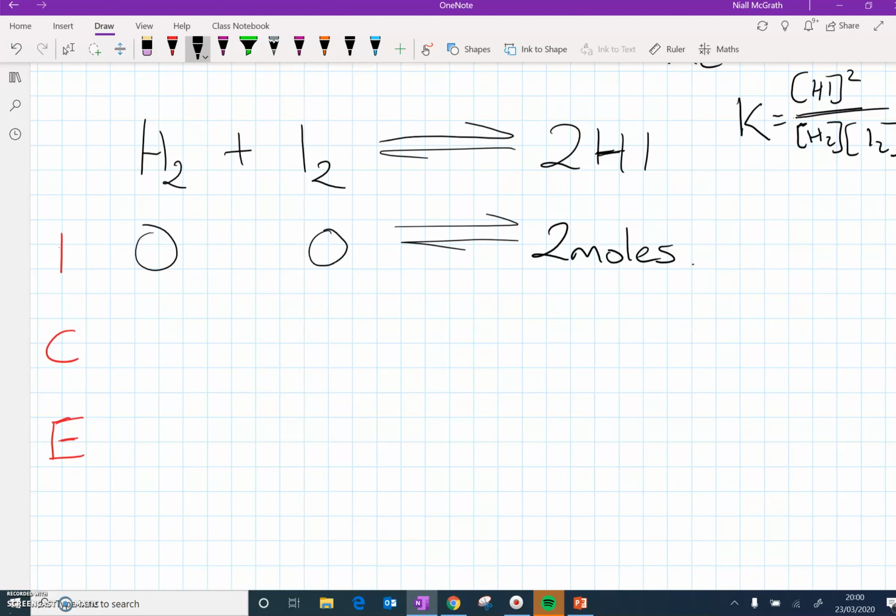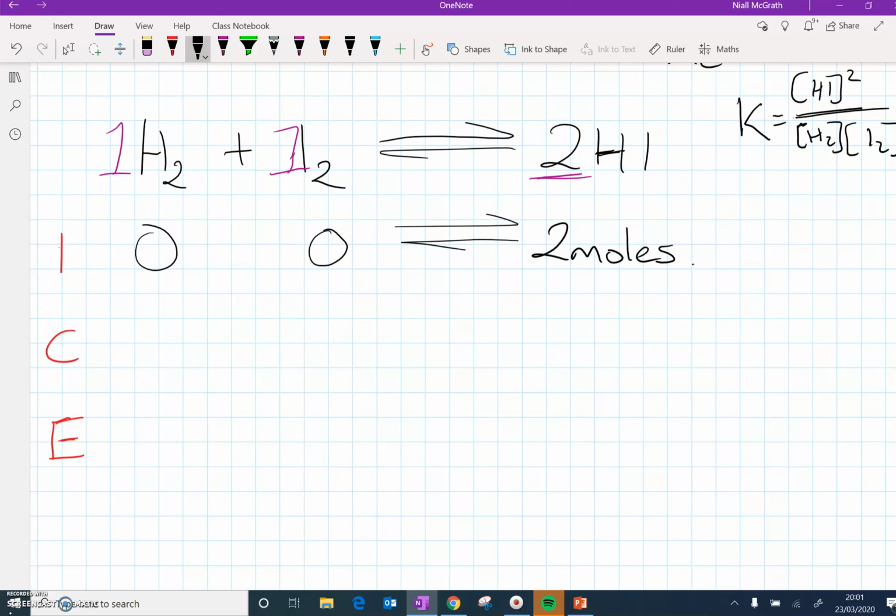Okay, your change then. Here again we're assigning a substitute for whatever the change is. We're not sure what the change is, so we're going to say that it is x. We're assigning x as our unknown. Our ratio across here is 1 to 1 to 2, so it's not 1x here.